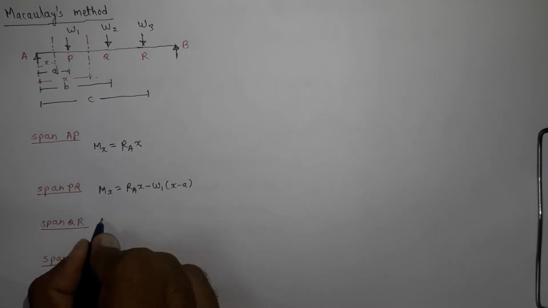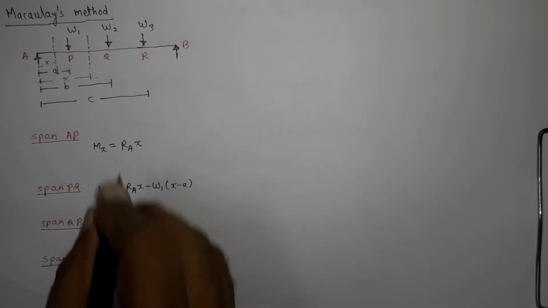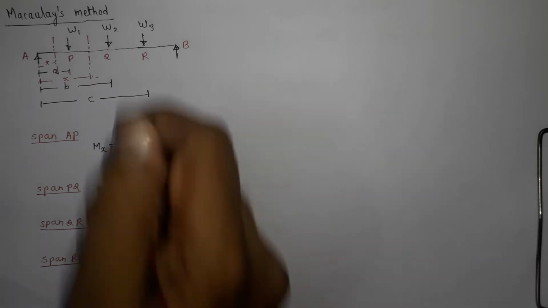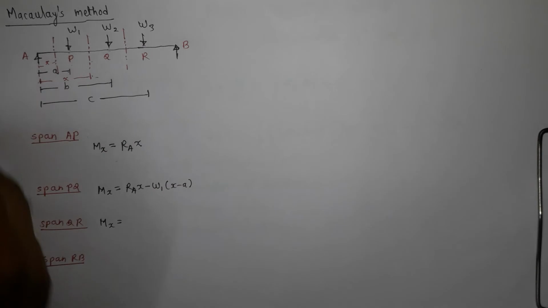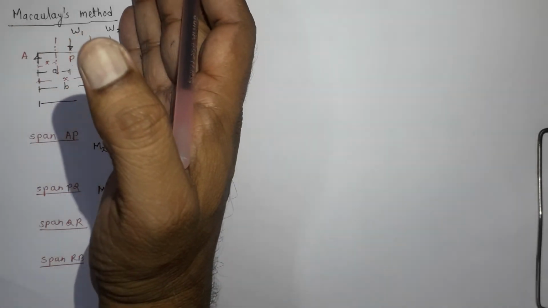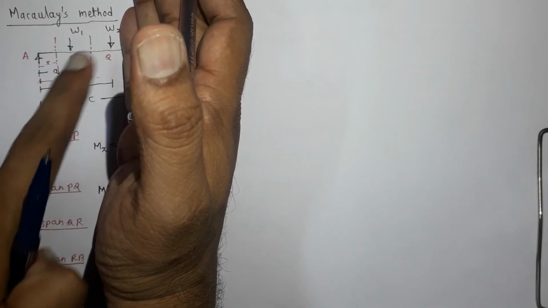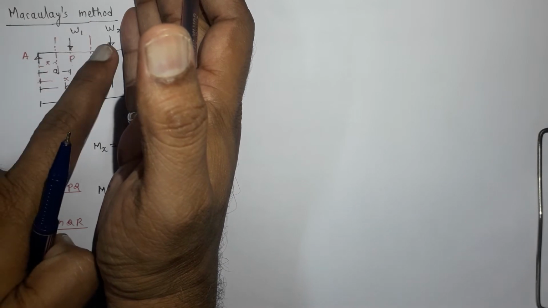Now if I go with the third subspan QR, then I will have to take a section over here, forget about the first two sections, and to the left of this section now there are three loads Ra, W1 and W2.